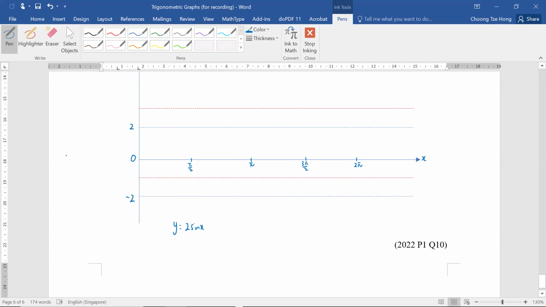For a sine graph, the pattern goes from the rest point first to the maximum, back to the rest, back to the minimum, and then back to the rest point. So you start over here, go up to the maximum, back to the rest, to the minimum, and back to rest. The sine graph is going to look like this.